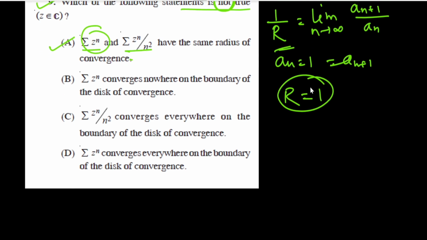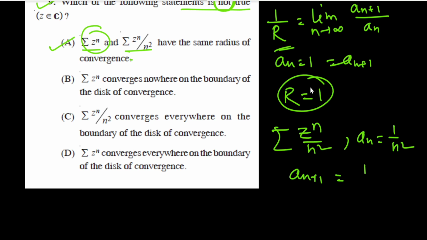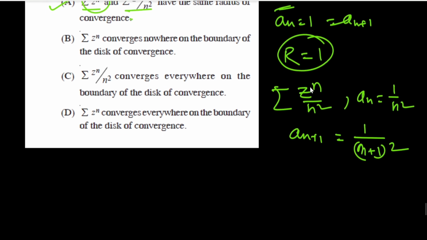Now in the second series, summation z to the power n by n square, here a(n) equal to 1 by n square, so a(n plus 1) equal to 1 by (n plus 1) whole square.